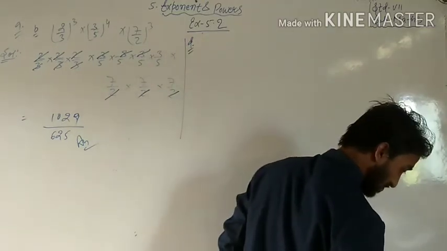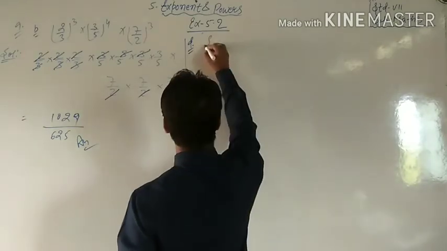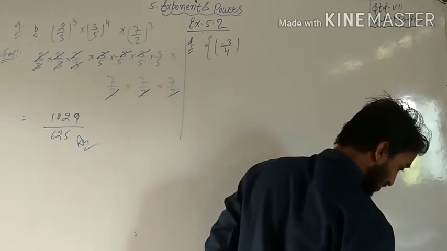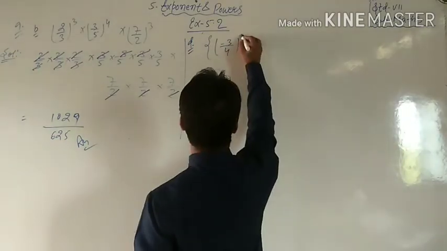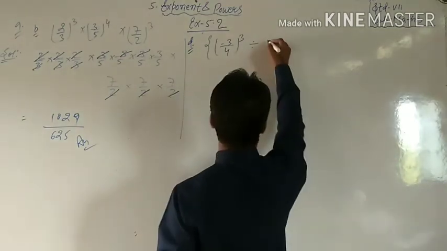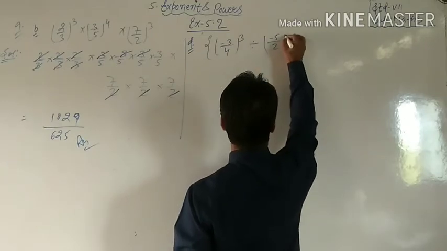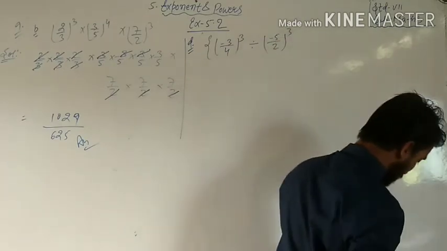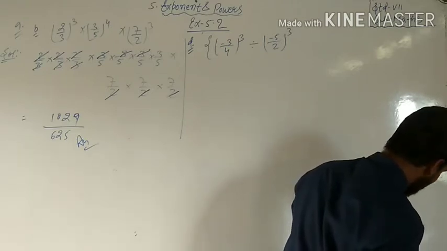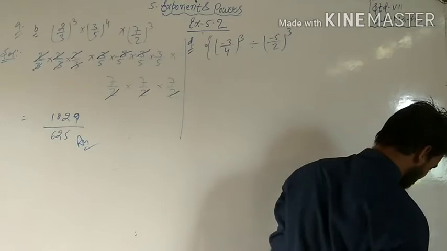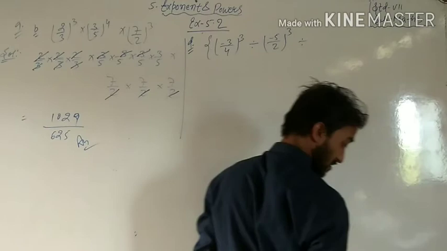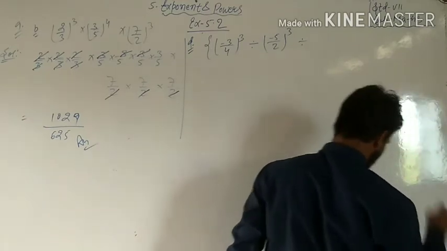See, (-3/4) to the power cube divided by (-5/2) to the power cube, divided by 2 to the power cube.